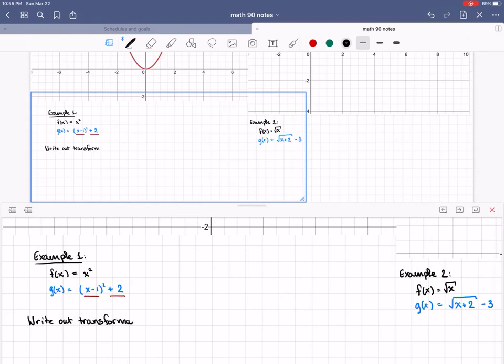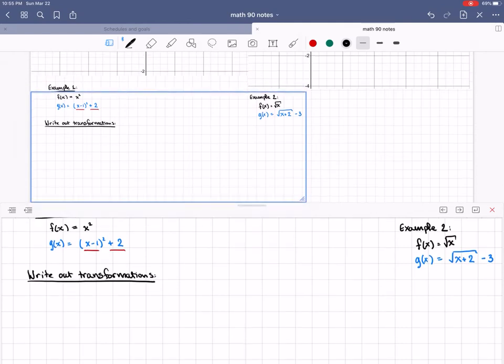The first transformation that I underlined is replacing x with x minus 1. I hope you remember from our last couple of lessons that replacing x with x minus 1 results in a shift to the right by 1 unit. The second transformation that I underlined results in a shift up. That plus 2 on the outside is a shift up by 2 units.